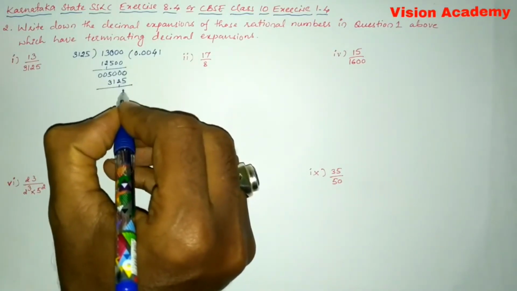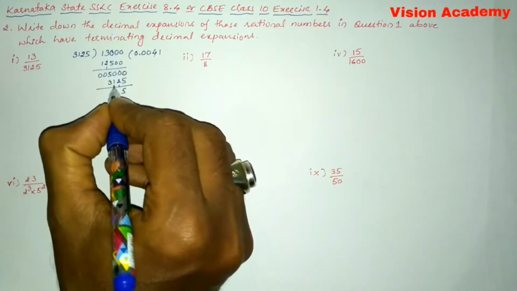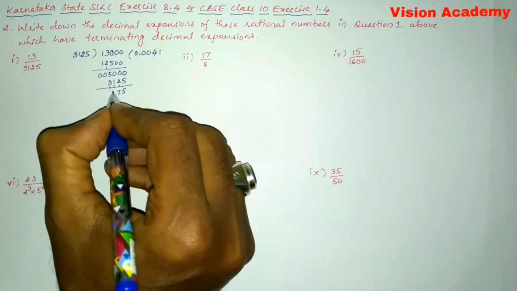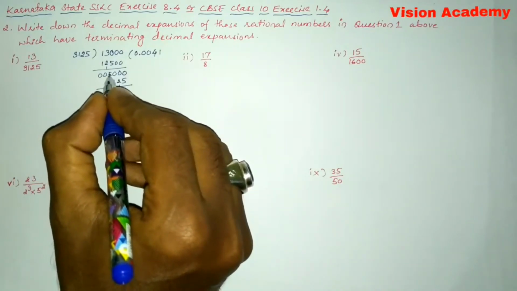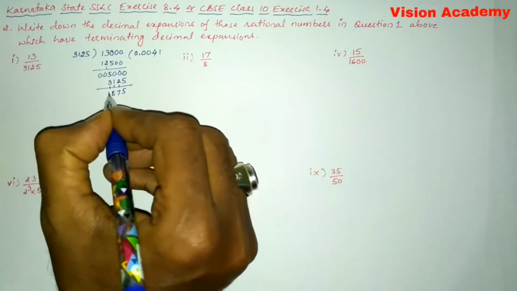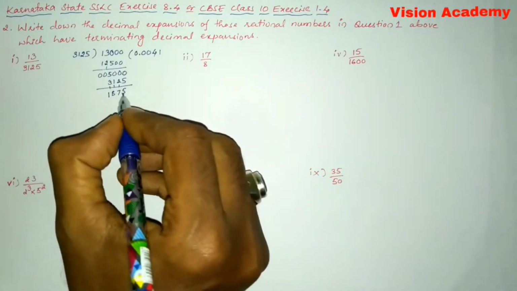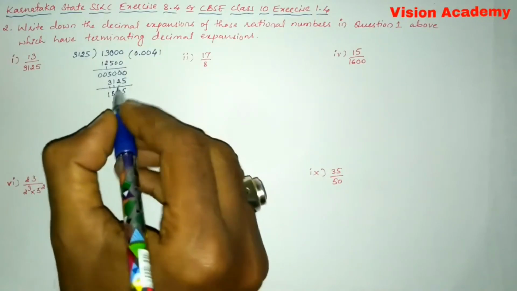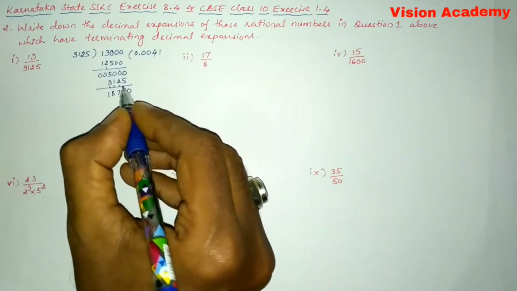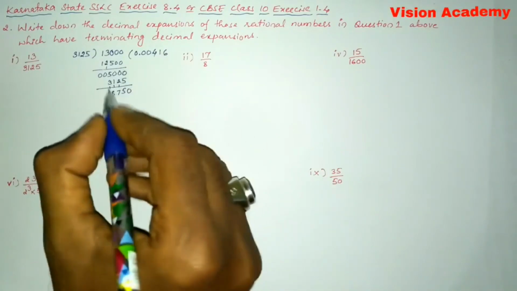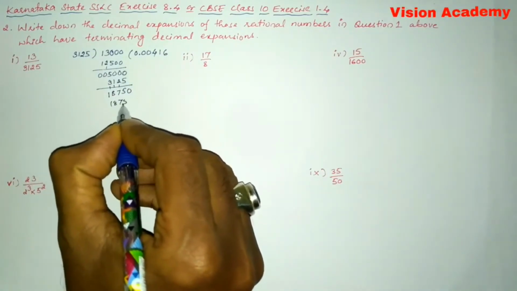So 10 minus 5 is 5. So let us take carry. 10 minus 3 is 7. Now let us take carry. 10 minus 2 is 8. Now 5 minus 4 gives us 1. So here it is 1875, which is less than 3125. So let us take one more 0 here. Now 3125 6 we are going to get 18,750.